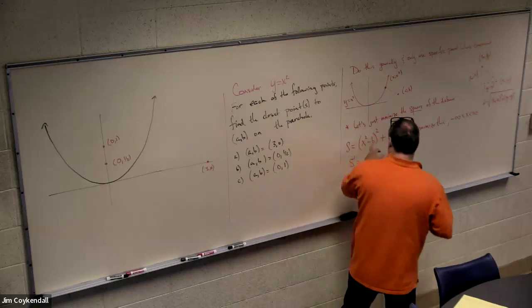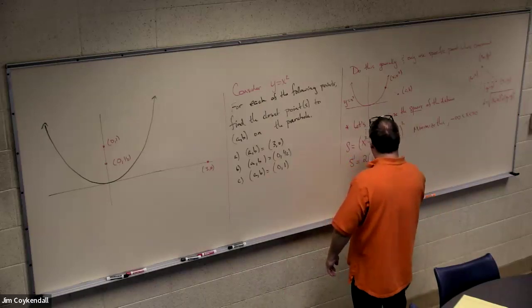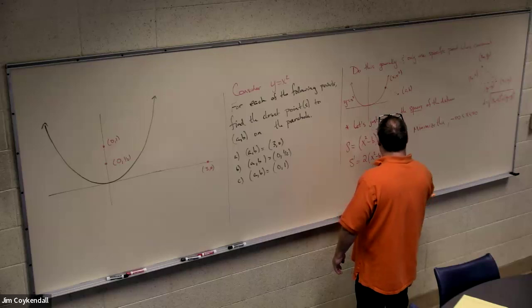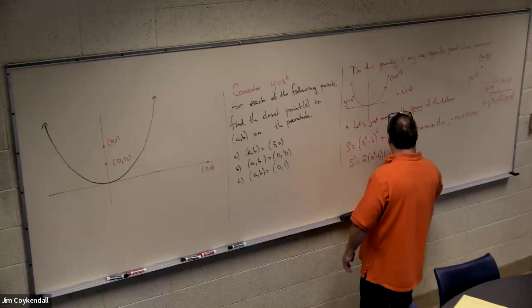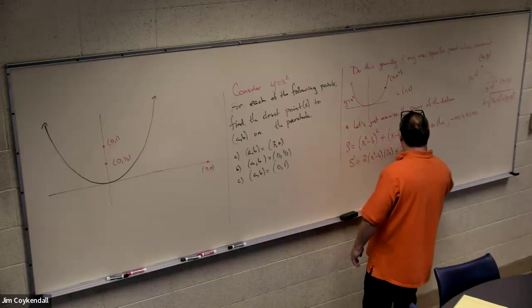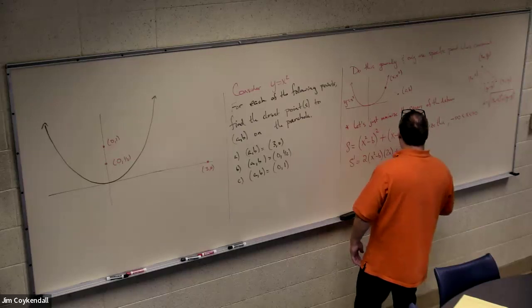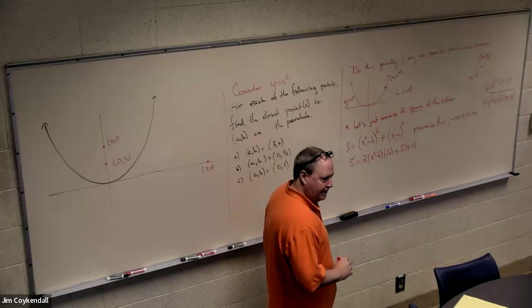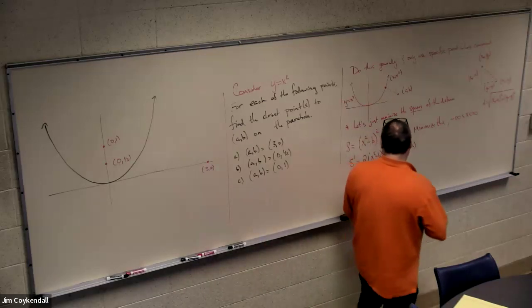And remember, a and b are constants. So let's do this. The derivative of this is 2 times x squared minus b times the derivative of the inside, which is 2x, plus 2 times x minus a. I'm going to clean this up a little bit.